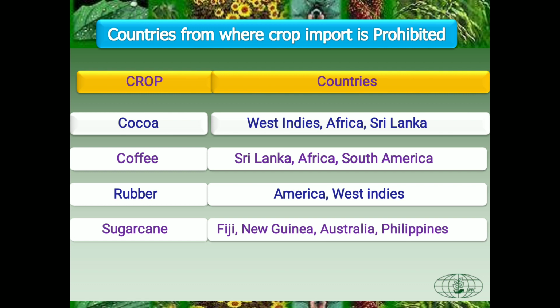Coffee is restricted from Sri Lanka, Africa and South America, to avoid the introduction of such pests. In that way, PRA helps to avoid the spread of planting material carrying different pests into different countries.